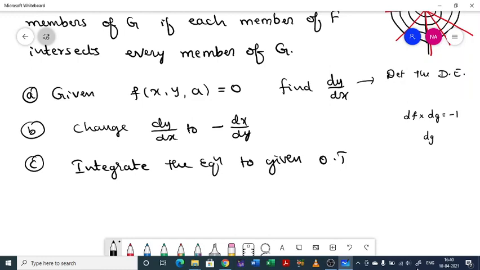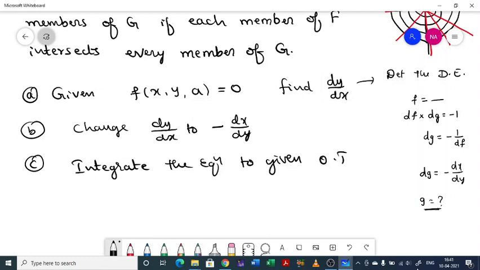From this we have dg equal to minus 1 by df. If you take df to be dy by dx, then dg will be minus dx by dy. Now if you integrate this, you get g. So f will be given, you need to find g. This is the procedure you have to follow.